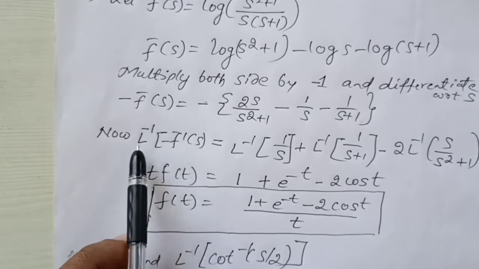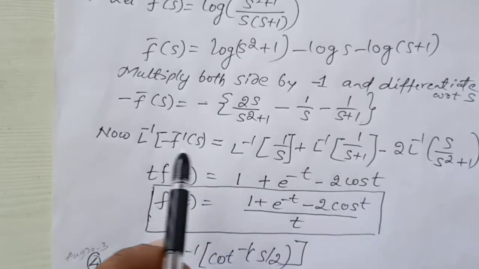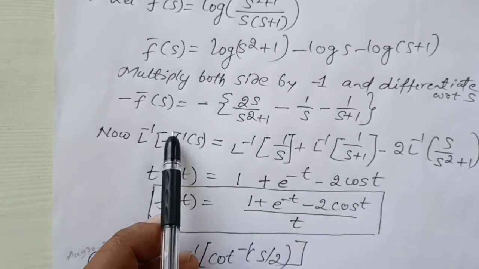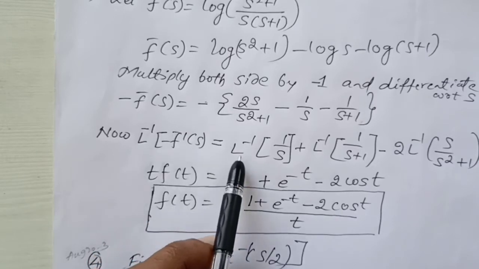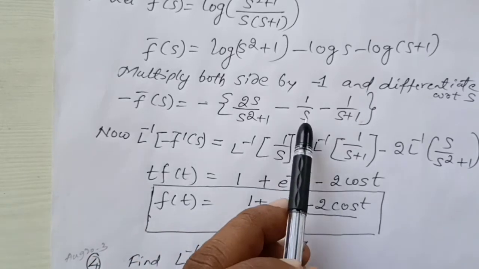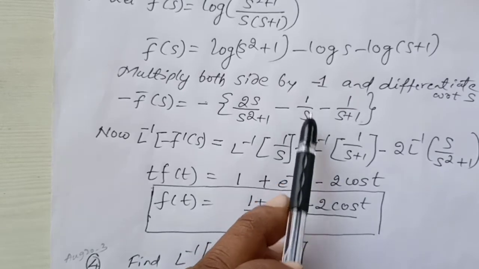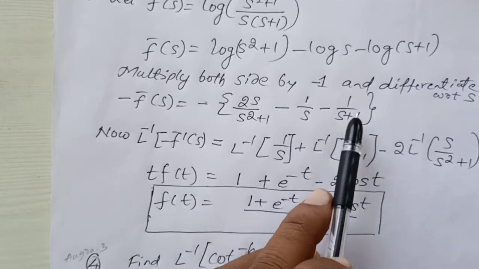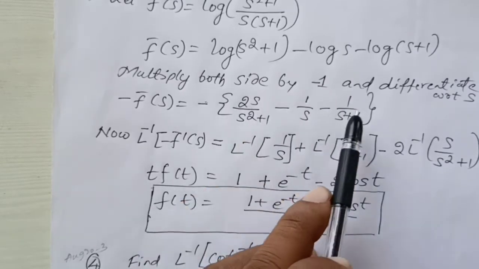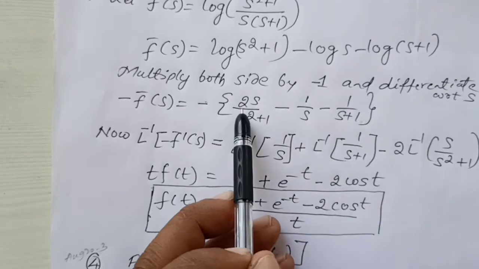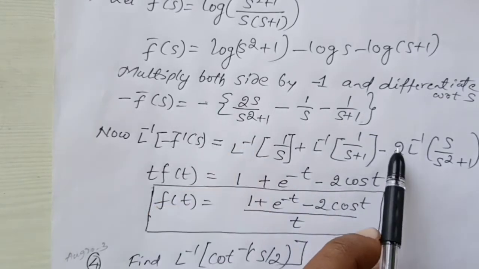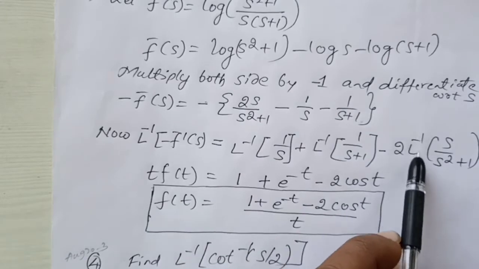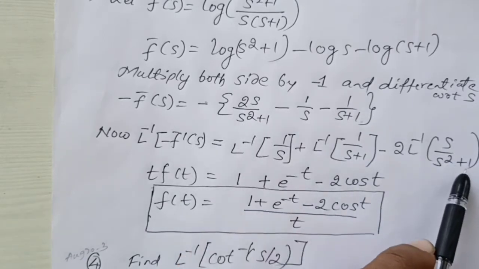Now taking the Laplace inverse on both sides, the Laplace inverse of minus f dash bar s is equal to the Laplace inverse of this term, minus into minus plus, first I write this one, 1 upon s, plus the Laplace inverse of this one, minus into minus plus 1 upon s plus 1. Next, the last one, minus into plus is minus, 2 constant taken outside, the Laplace inverse of s upon s square plus 1.